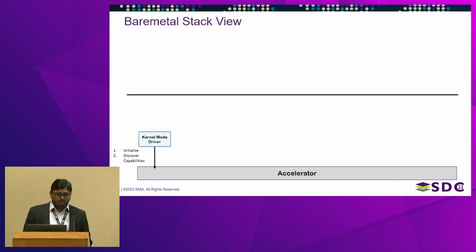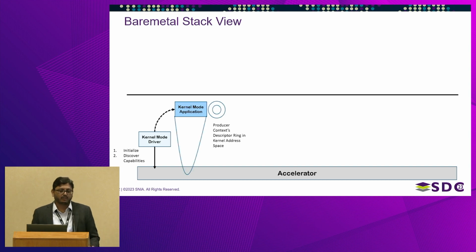So what would a stack look like if you were to build something like this? There are various places in which applications exist where you might need this kind of accelerator, because in the olden days people used accelerators only in a kernel mode driver or an application in the kernel, because accelerators could not target user mode addresses. So a kernel mode driver may at least initialize the accelerator and discover its capabilities.